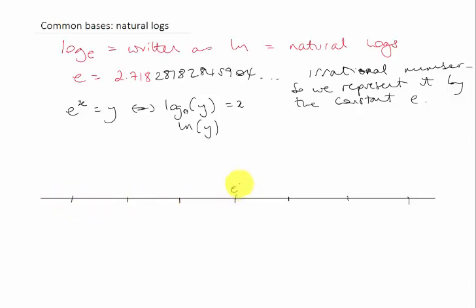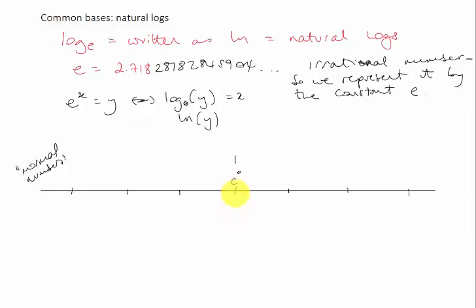So just the same as any number, e to the power 0 in our normal numbers at the top is equal to 1, and therefore the natural log of 1 is 0. Then we've got e to the power 1, that's 2.718 to the power 1, so 2.718. And the natural log is 1.